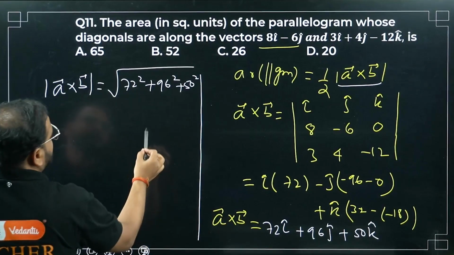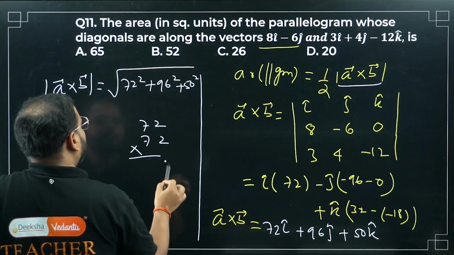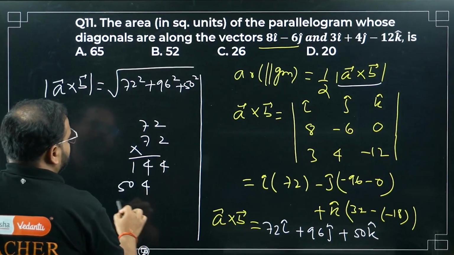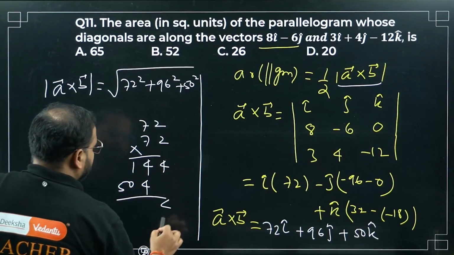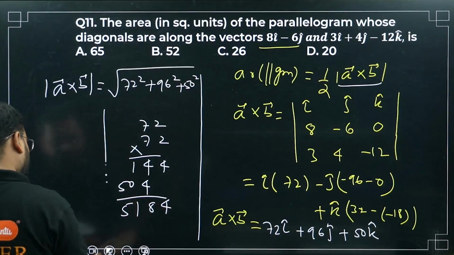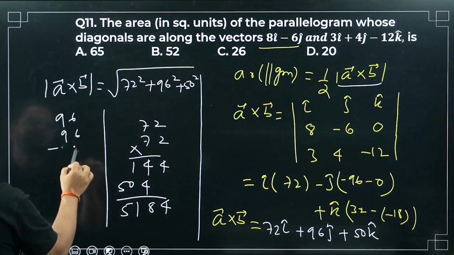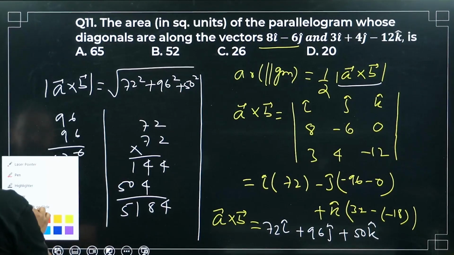Please have a look. 72 square will be what? 5184, right? Correct. So 5, 1, 8, 4. Do for 96 also. 96 times 96. 9216, right? One second.